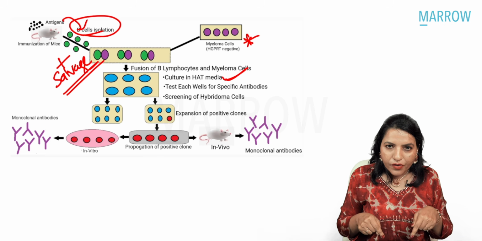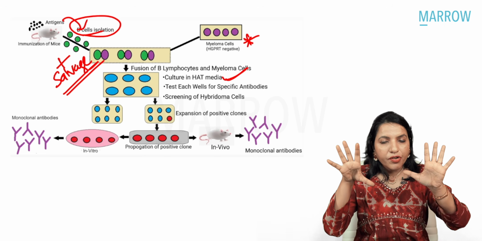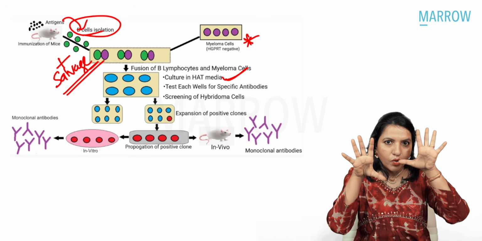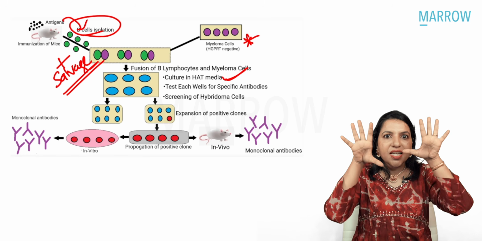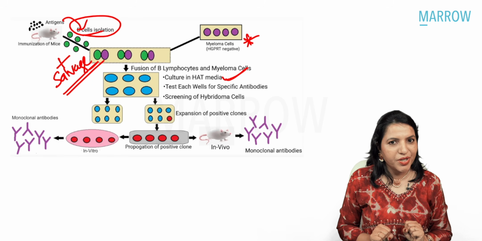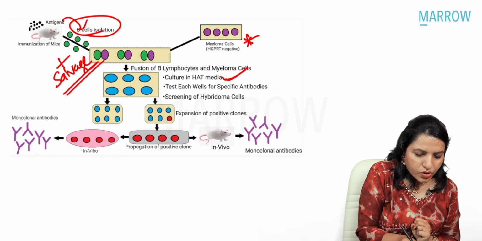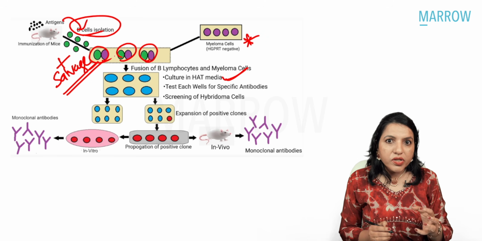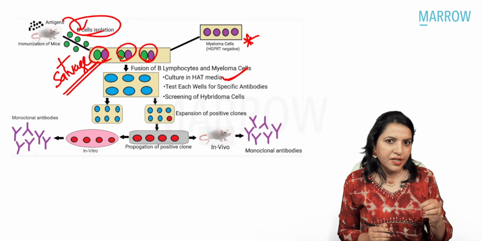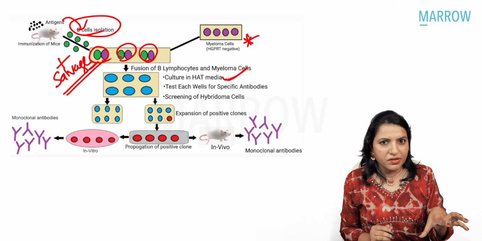So if it has immense replicating potential and can survive in the HAT medium, that cell is called a hybridoma cell. Okay, so you can see these two fused. These fused cells will survive in HAT.